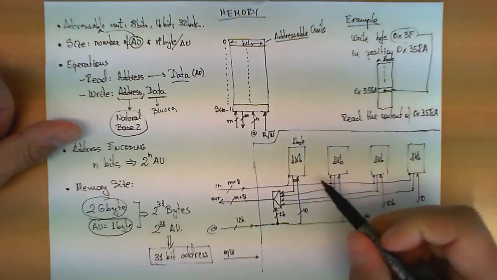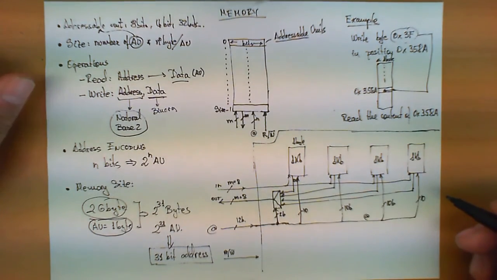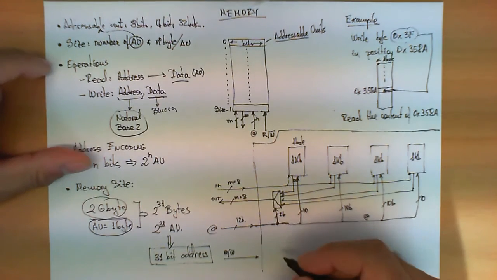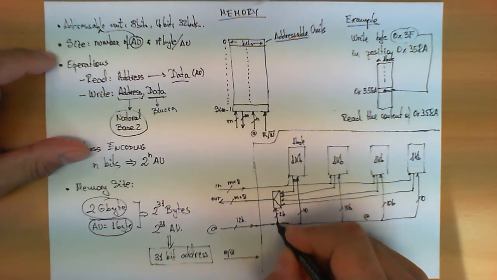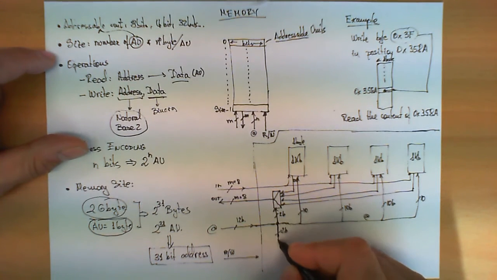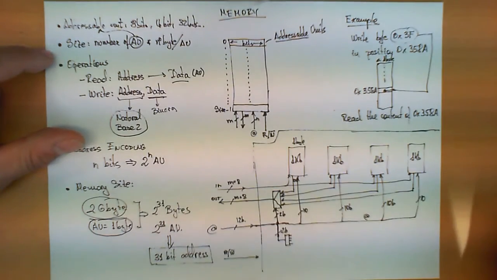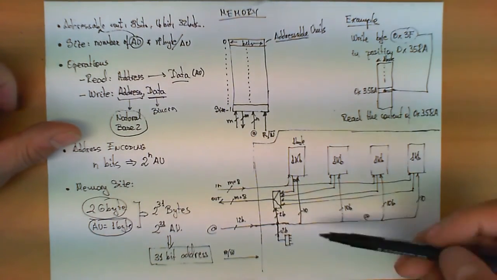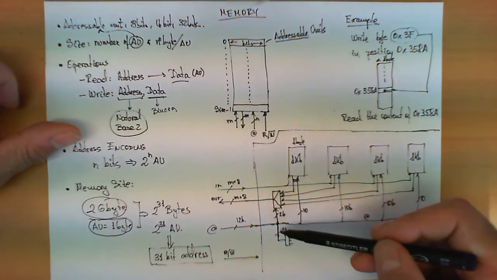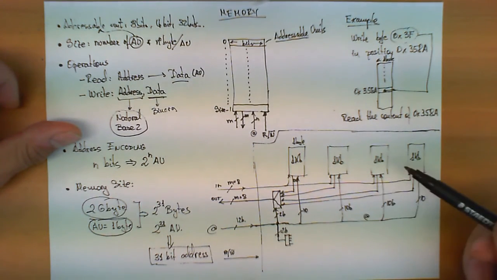Now what remains to be distributed is the right encoding for the read-write signal, and this can also be done with additional circuitry. What we take is again these 2 bits over here and feed them through a circuit which is going to decode it into 4 different signals. So depending on the value of these 2 bits, 0, 1, 2, or 3, each one of these signals will become 1.